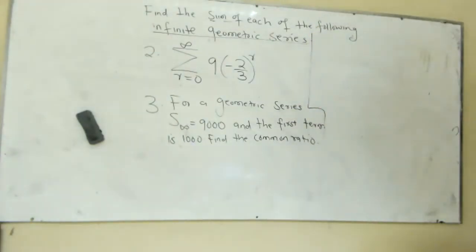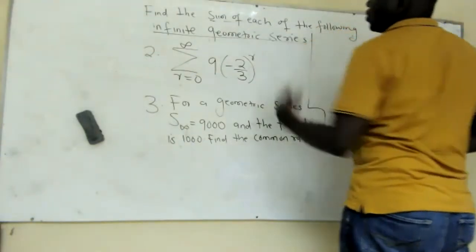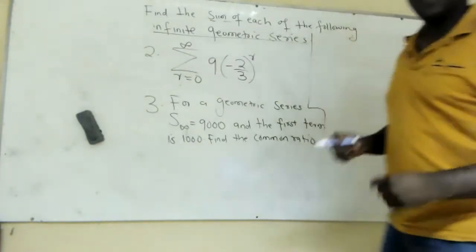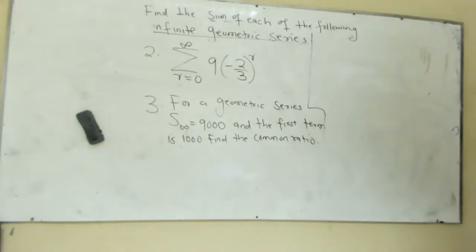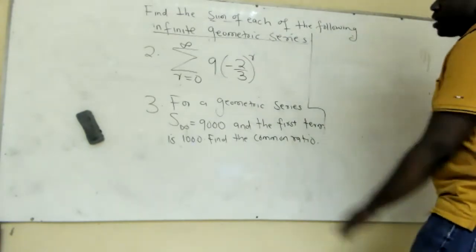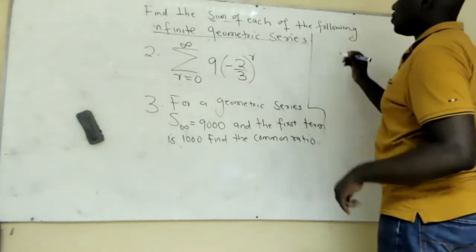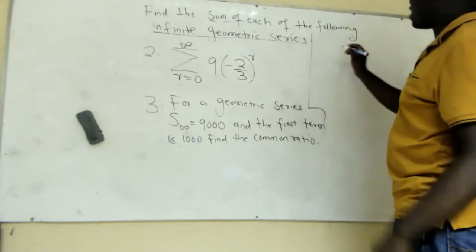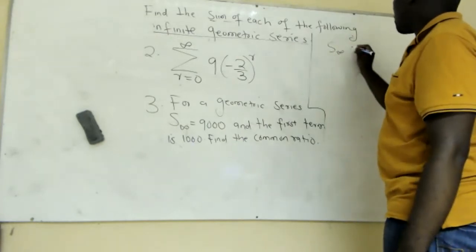So the question was about to find the sum of each of the following infinite geometric series. I believe you can all identify the infinite geometric series by now. This is the series that you are given. So the very first thing you will need to figure out is the formula that we're supposed to use.